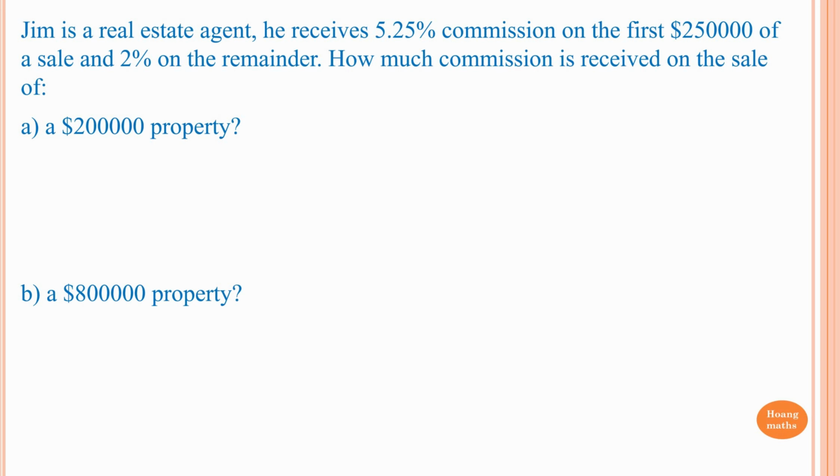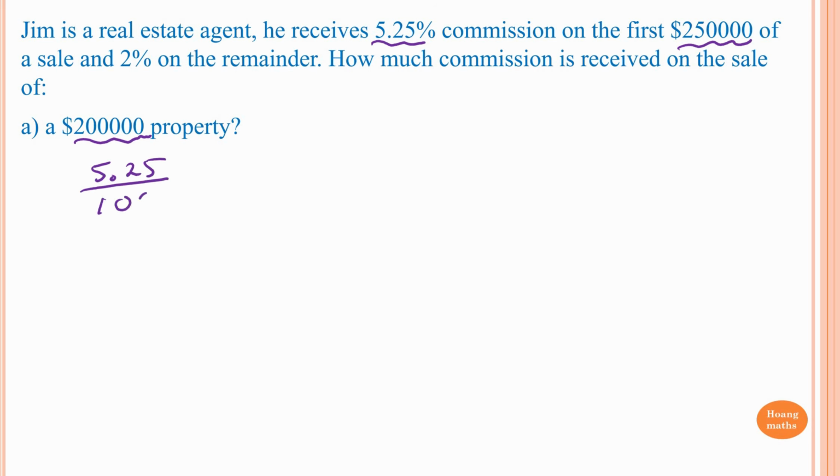Please stop the video and try this one yourself. So we know Jim sells a property worth $200,000. Now he receives 5.25% on the first $250,000.